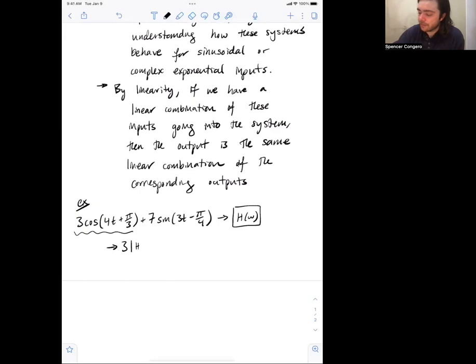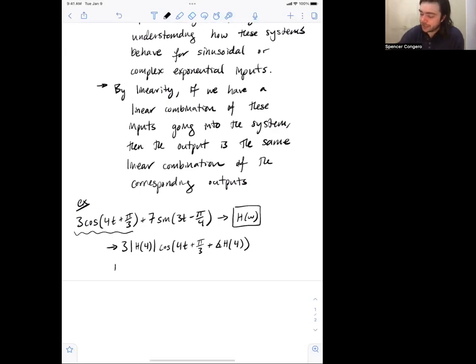We multiply it by the magnitude of the frequency response at the frequency we're sending that signal in with. And then we have our cosine of the same frequency plus pi over 3, plus now the phase, the angle of our frequency response, again, at the frequency 4 that sinusoid is oscillating with. So that is the output from that first input.